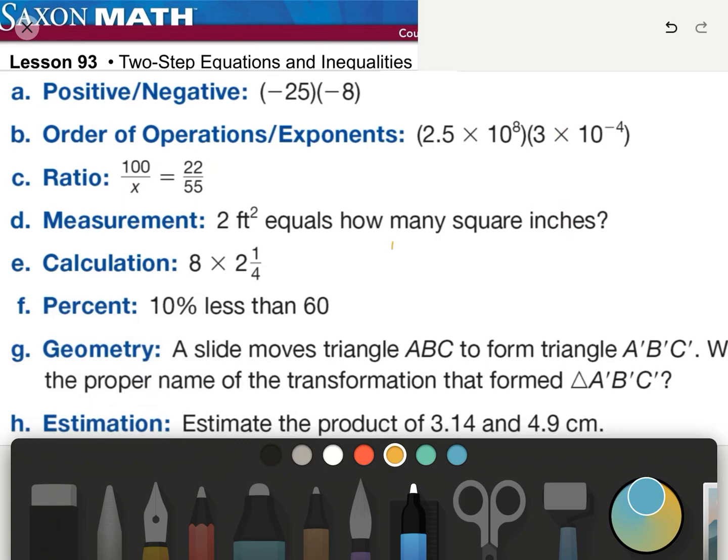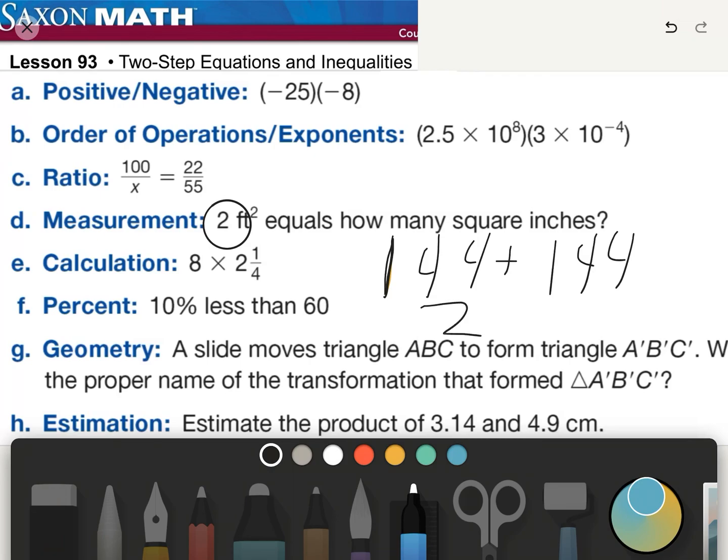So that would be, well, essentially 12 times 12 is 144 times 2. Basically 144 plus 144. 288 square inches.